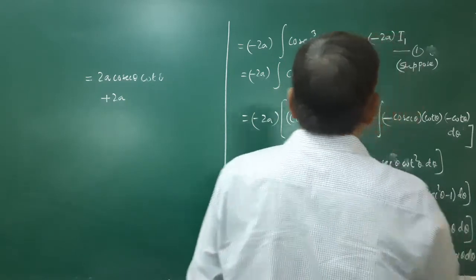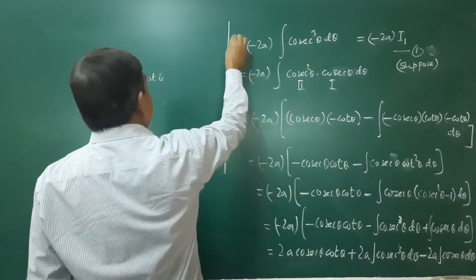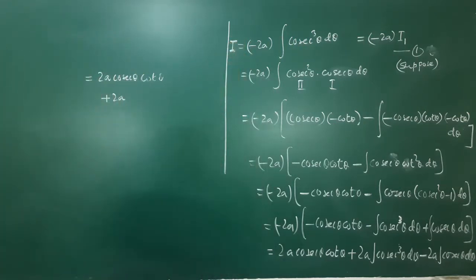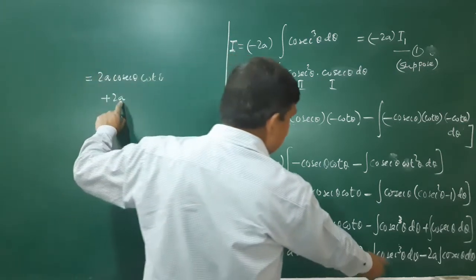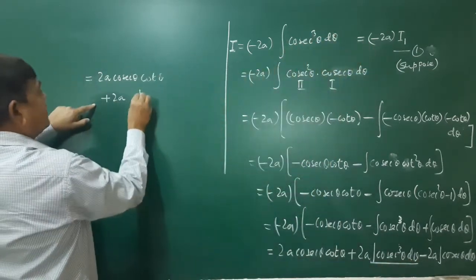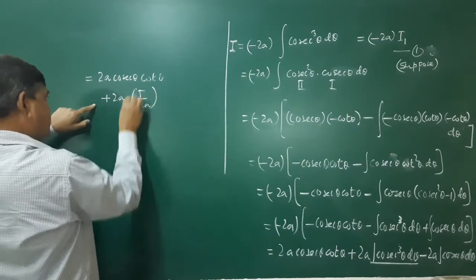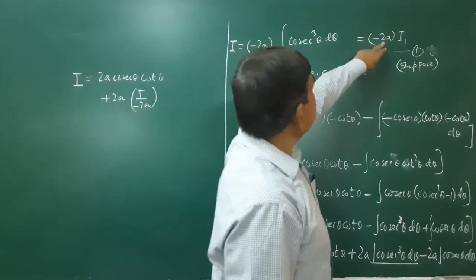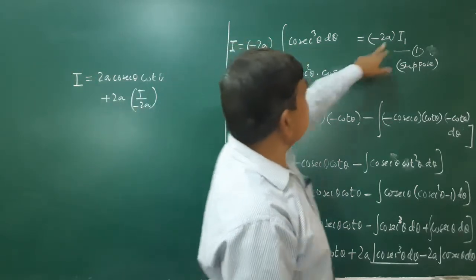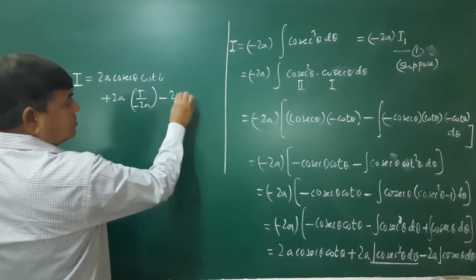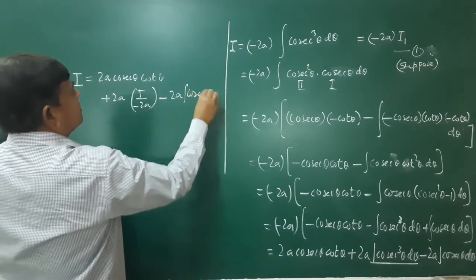Now instead of I1, suppose this is I, for example. So what is I1? Here it is cosec cube theta, so it is I. Okay, so this minus 2a is this side, so I upon minus 2a equals I1 minus 2a cosec theta d theta.